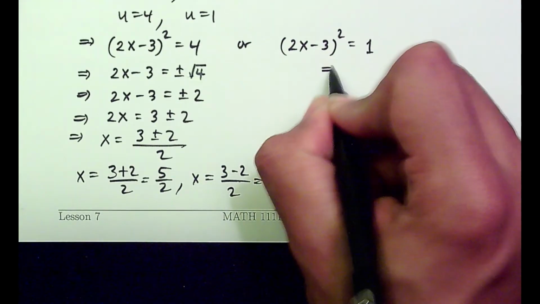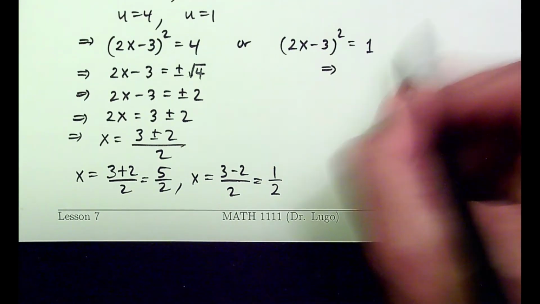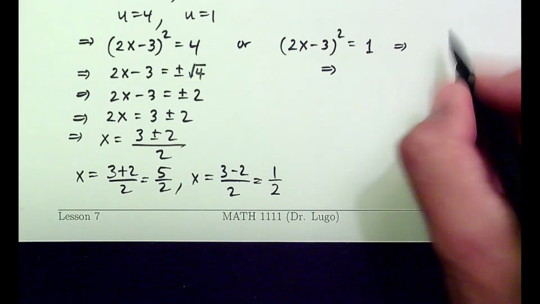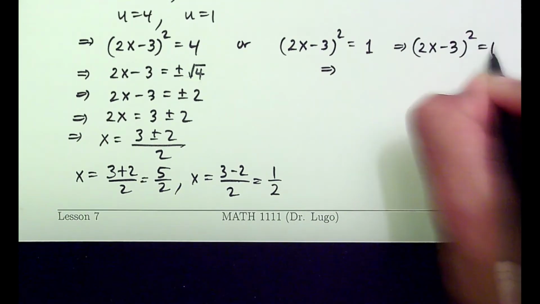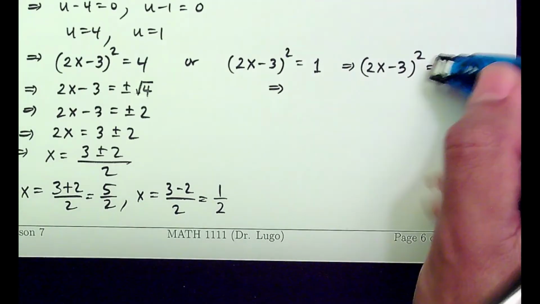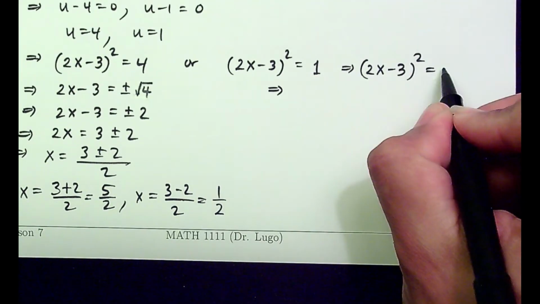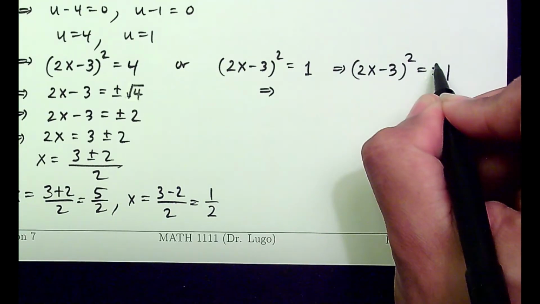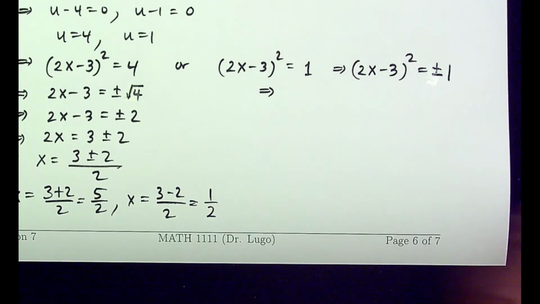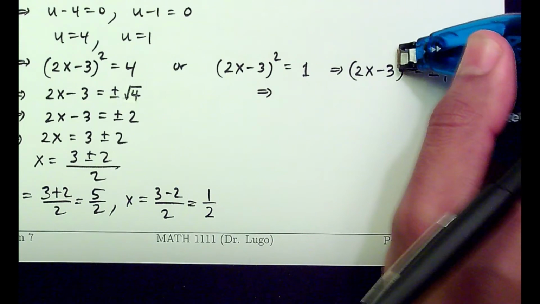And now we solve this one and find what x is supposed to be if this was true. So let's see. Now this one, take square root on both sides. That's going to be 2x minus 3 squared equals 1, so 2x minus 3 equals plus or minus 1. We need to never forget about putting plus or minus on one side when we take square roots. The square root of 1 is 1. All right, and then, oh, I took the square roots, I don't need that anymore.